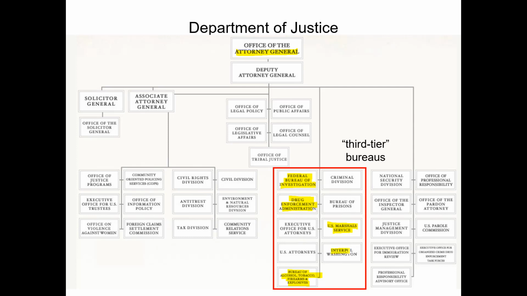The International Police Agency, the U.S. Attorney's Office here, where every state has a U.S. attorney that's appointed to that state that is somewhat of a liaison between the federal government and the state. And in New Jersey, for example, George Bush appointed Chris Christie as U.S. Attorney to New Jersey, and then Christie took that job on, was fairly successful at it, which parlayed into him being elected governor of New Jersey after that. So those are some third-tier bureaus in the Department of Justice.